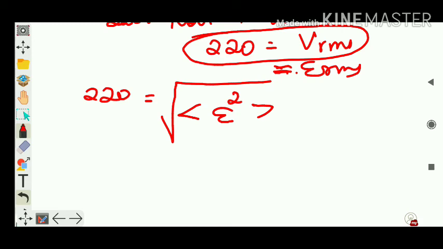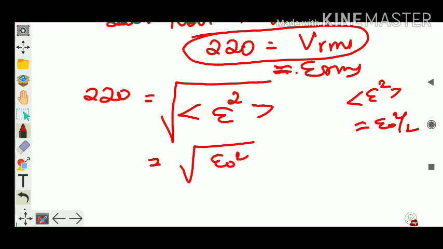Now I just remembered, we found that for a full cycle the average of E squared is E naught squared by 2. So I can substitute this value here: root of E naught squared by 2, which I can write as E naught by root 2. So what is 220 volt? It is ERMS.